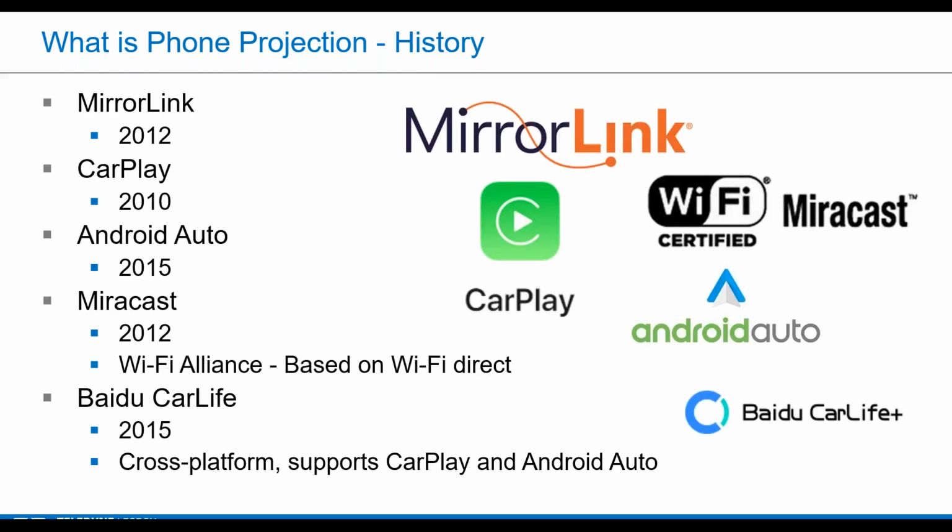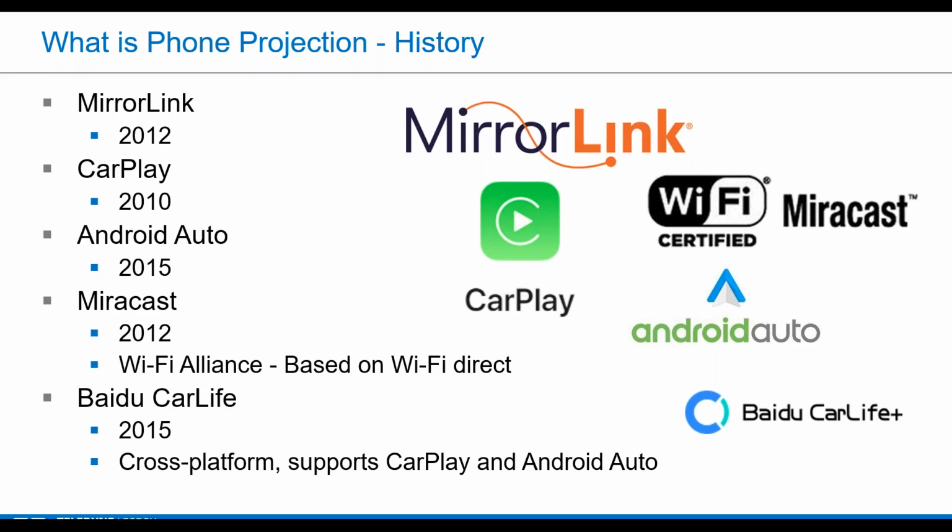So looking at some of the major phone projection technologies, we won't be covering all of these in detail, but we've got MirrorLink, which I'll talk a little bit more about shortly, appearing in 2012, CarPlay 2010, Android Auto 2015. Mirrorcast was 2012, which is based on Wi-Fi Direct and is really only streaming content rather than full phone projection, and was a precursor to a lot of these technologies.